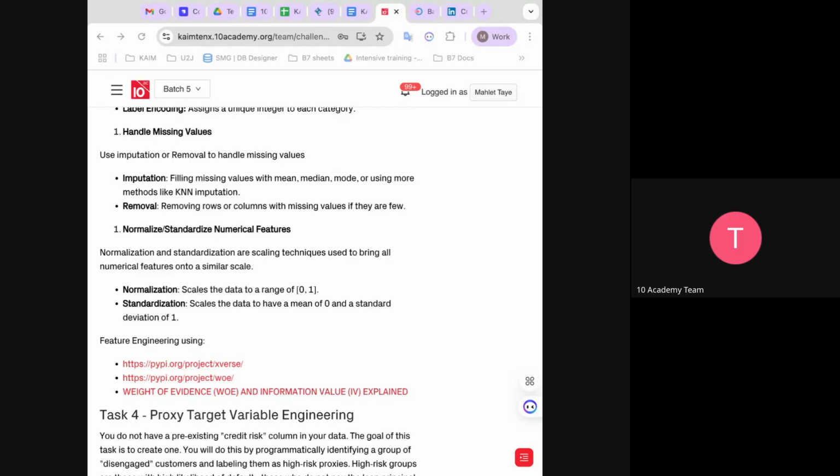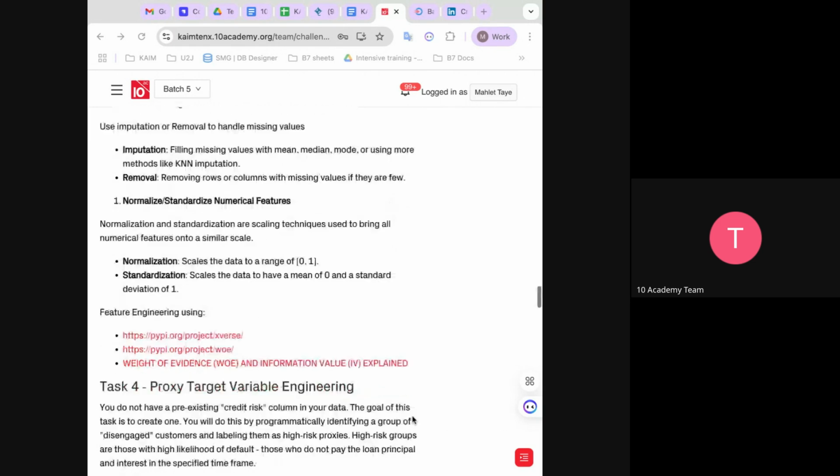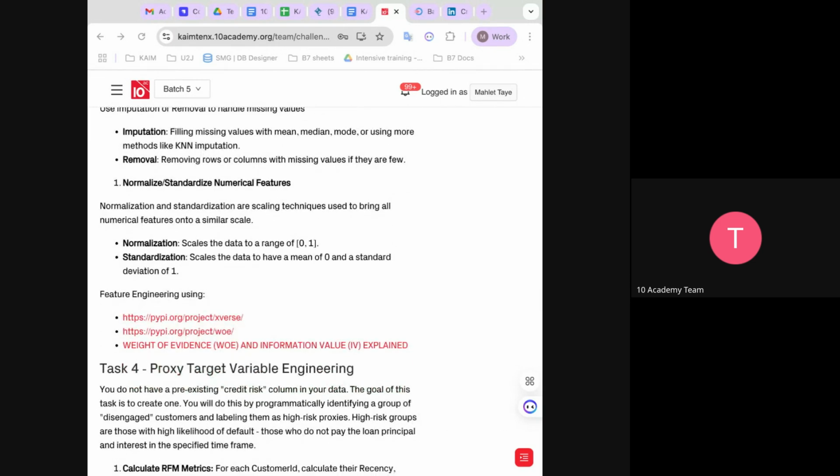And on the other task, which is task 4, you are expected to create a proxy target variable, which is the default one. How can you model the risk? Because we don't have anything that says this customer will repay or is high risk or low risk, we need a proxy.